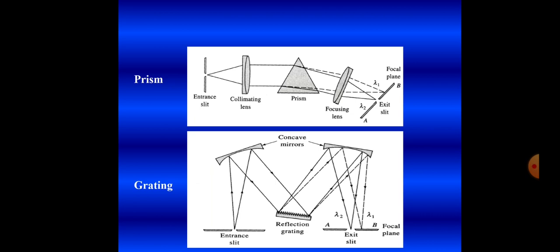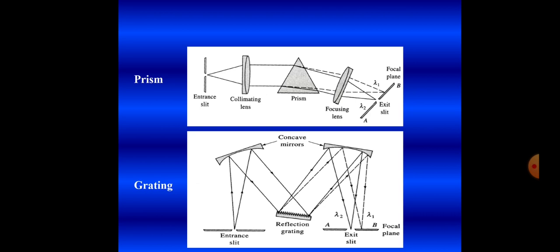Here you can see different parts of the monochromator. The upper figure shows the prism and the lower one shows the grating. A monochromator has 5 different components. The first one is the entrance slit. The second one is the collimating lens or mirror. The third one is the dispersion element, that is prism or grating.